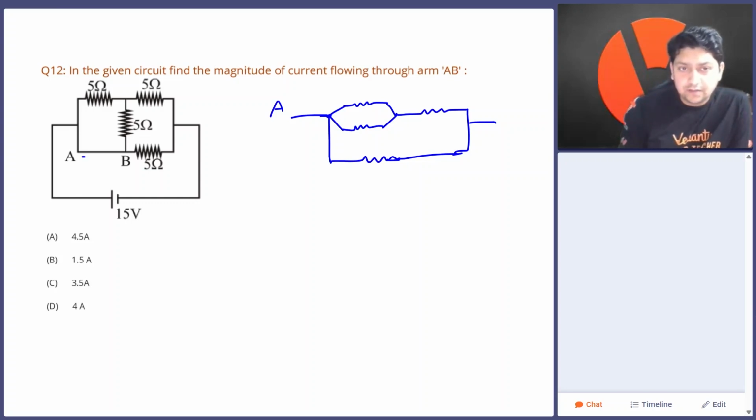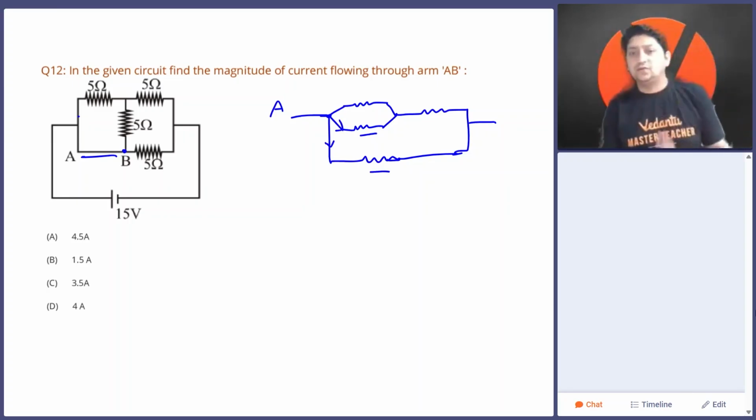Now I have divided this wire into two sections. I've taken this point B over here, right? And what we actually want to find out is how much current will be passing through this resistance as well as this resistance. This is the actual question, right?